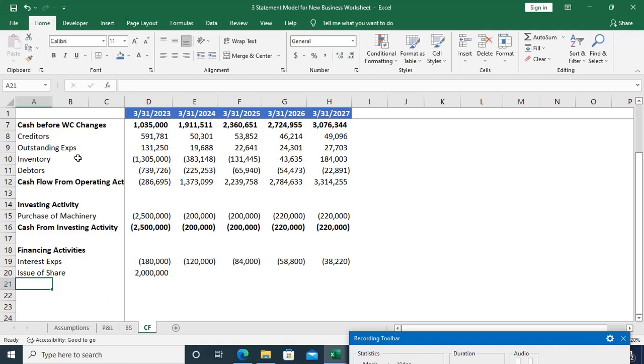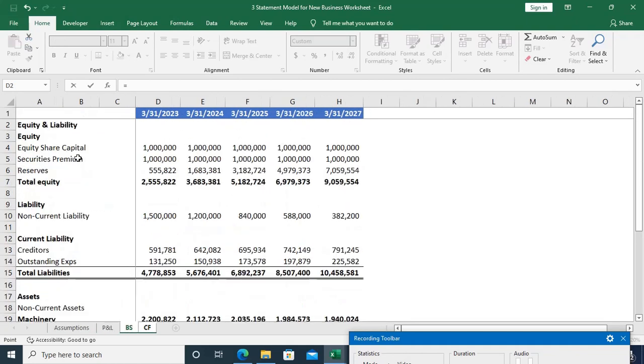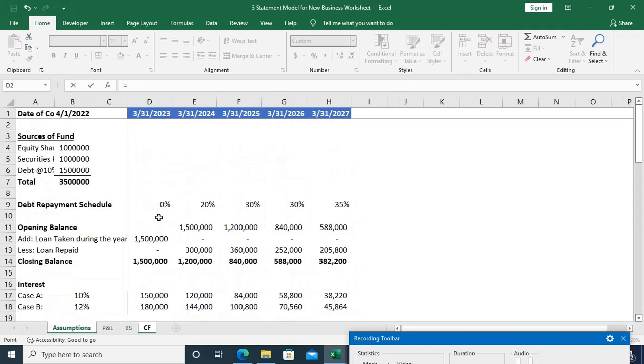Then loan taken, yes, definitely we took a loan. Loan taken was of how much amount? 15 lakhs. So where was it in the balance sheet part also? Okay, we can take it from assumption. I think that will be good.